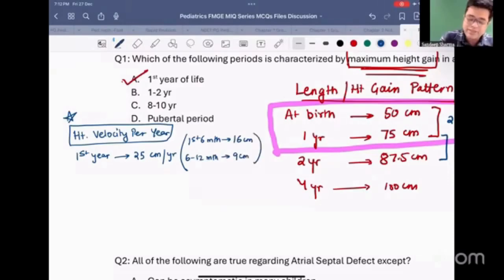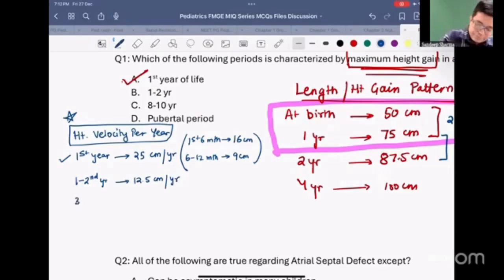So how much height gain or height velocity is there in the first year of life? It is 25 centimeters per year. Then between the first to second year, starting from the first birthday to the second year, the height gain slows down. It becomes 12.5 centimeters per year.